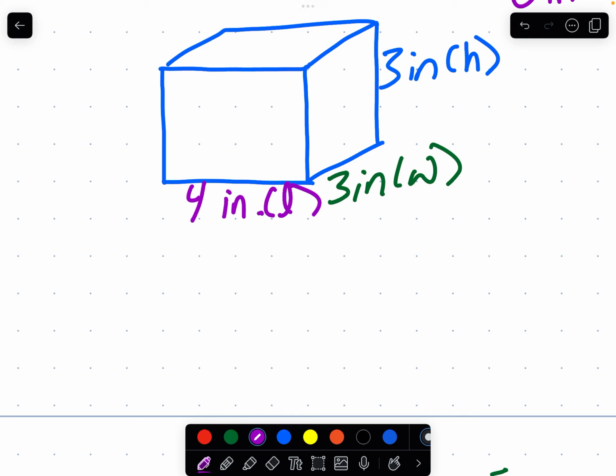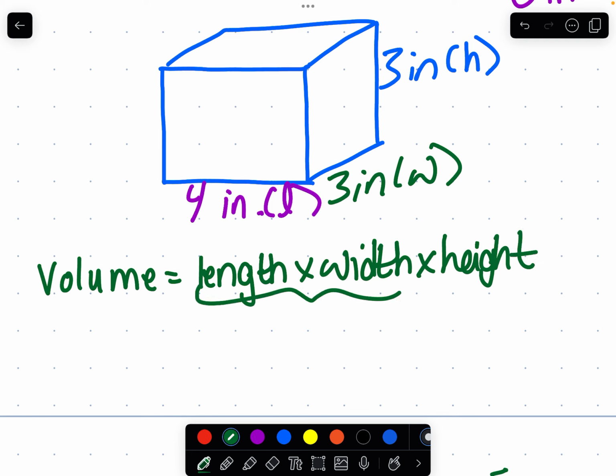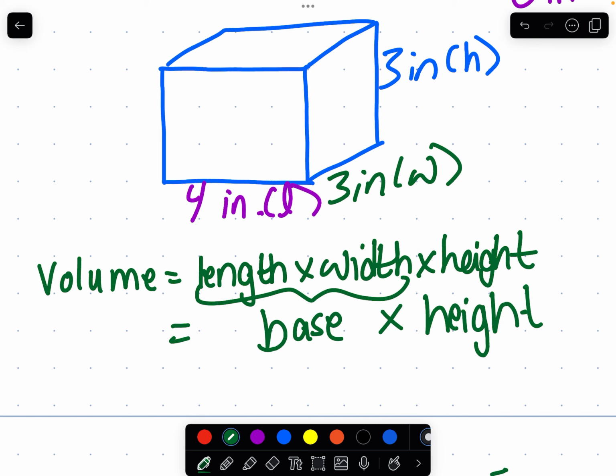And then we think of our formula. And if it helps to write out the formula, then do it. So we could say volume equals length times width times height. And then remember, length times width is the same as base times height. Let me write that a little bit neater.